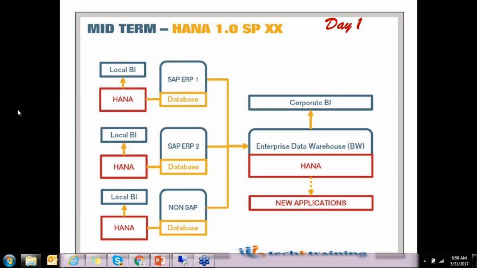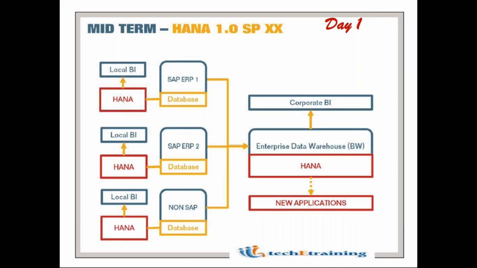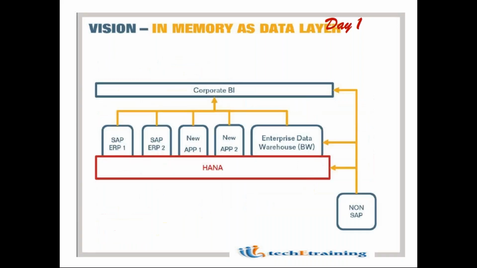Next is Business Suite on HANA. Now I am saying my HANA server is very fast. Even if you run four to five transactions at a time, it will be very fast. Then why do I have to maintain multiple servers?